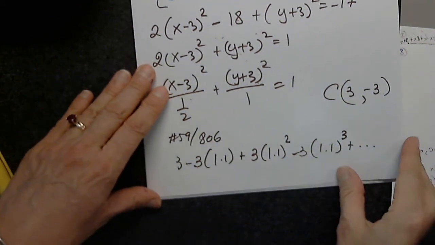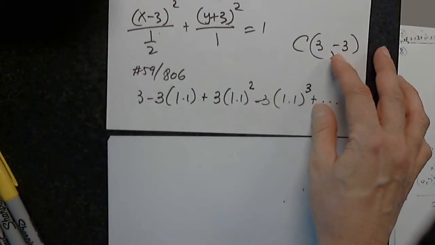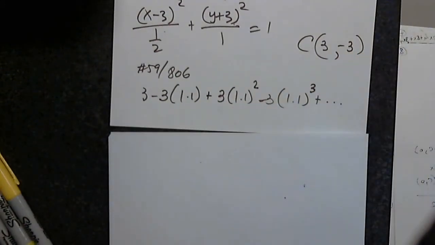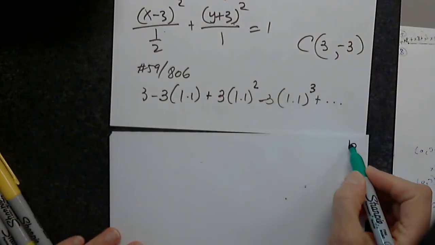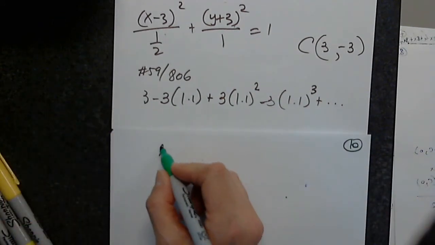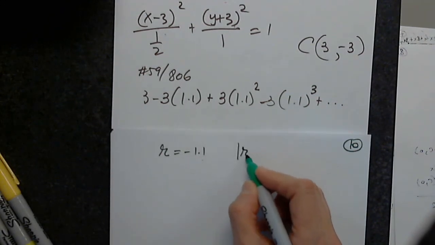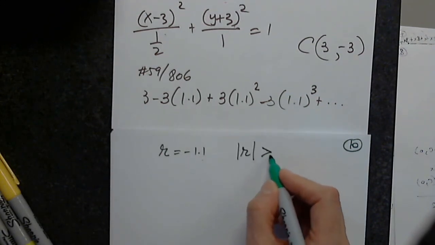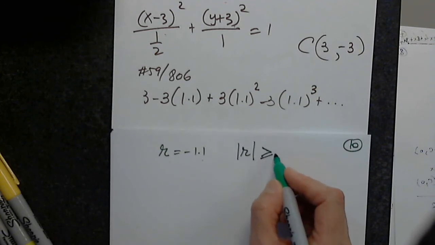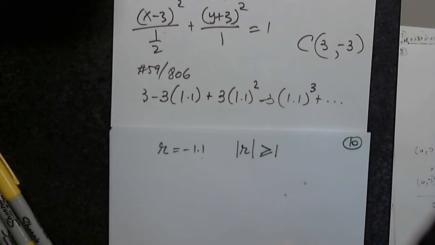Bigger than 1, right? 1.1. Absolutely. And what do we say then? Divergent. Yes. R is negative 1.1, but the absolute value of R is greater than 1.